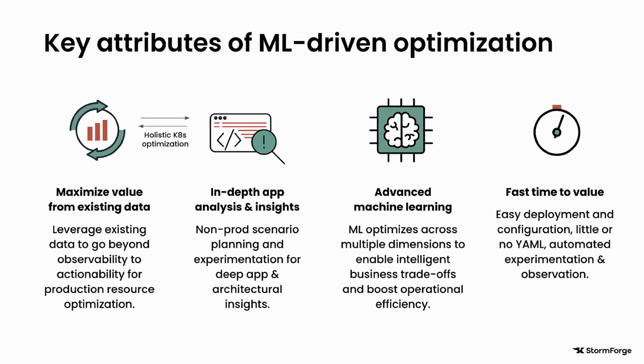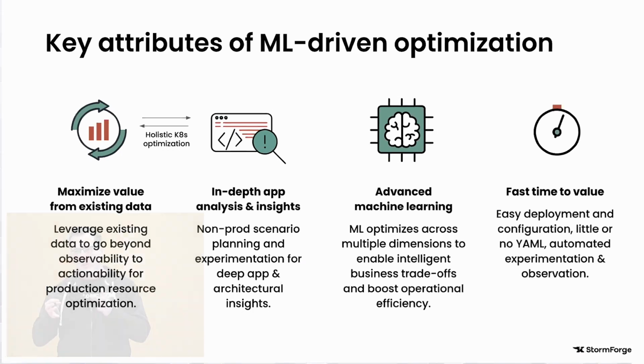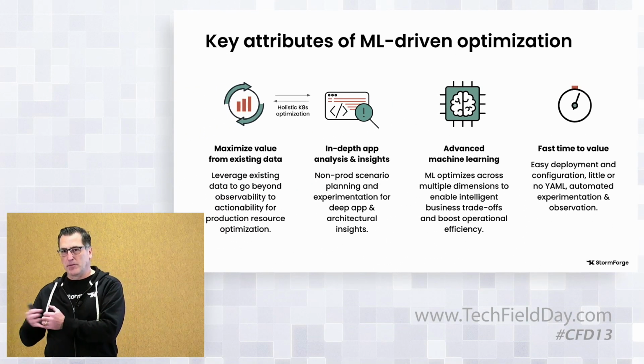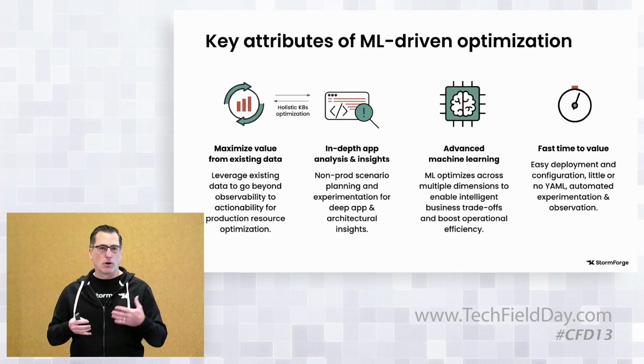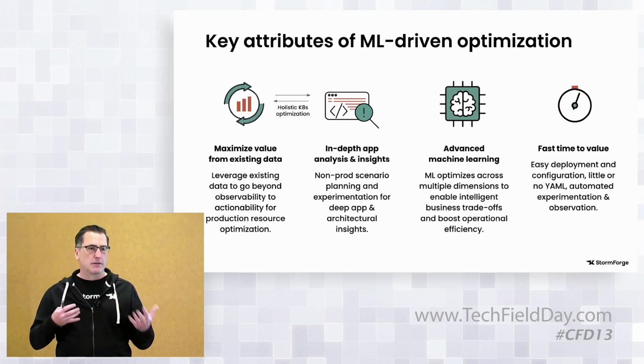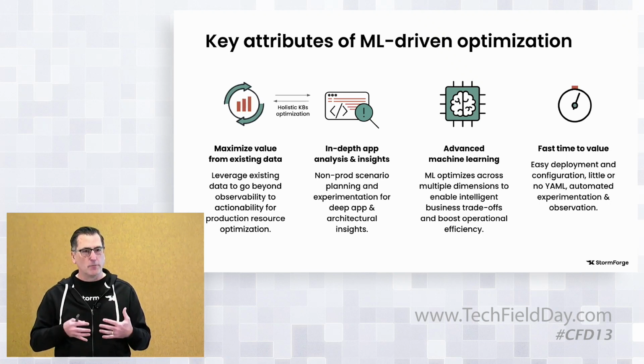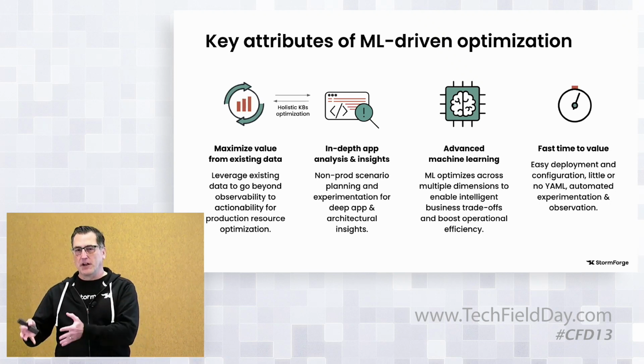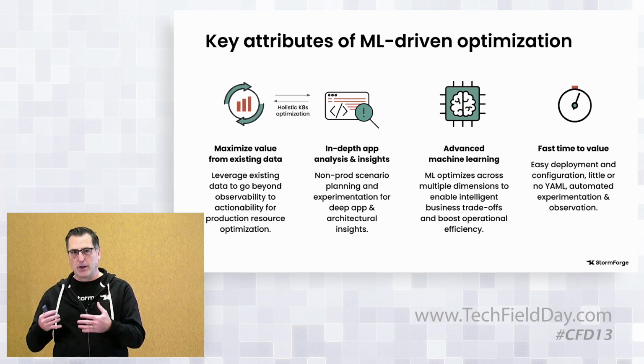Third is the machine learning side of things. So really important to think about using machine learning that is meant to solve this type of problem versus more of a basic statistical approach. So there are other solutions out there. The vertical pod autoscaler, for example, that comes with Kubernetes is targeted at solving this same problem, but it uses a very basic approach.